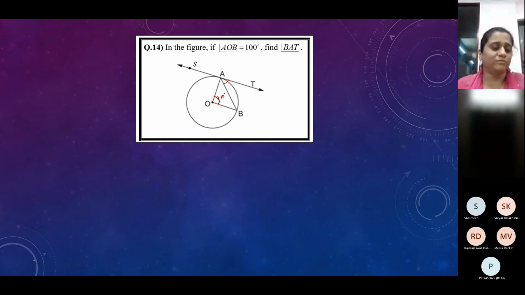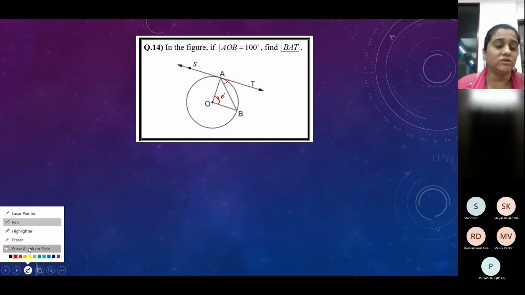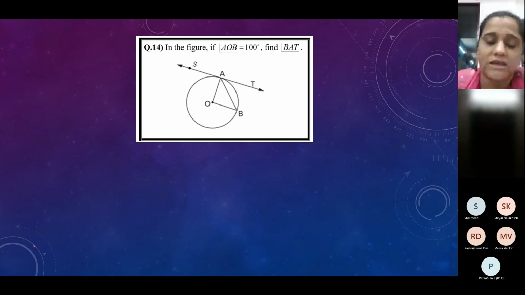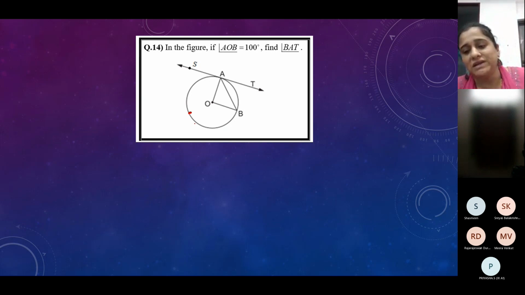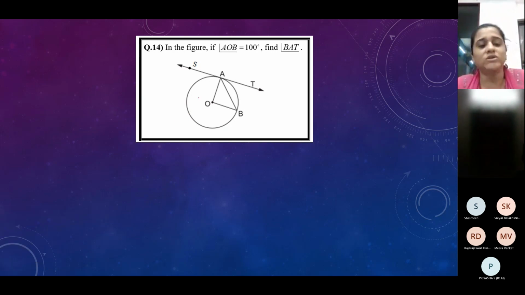Correct. But for that, you cannot use it straight away. If you want to use the alternate segment theorem, you need to first take a point on the circumference, like this.